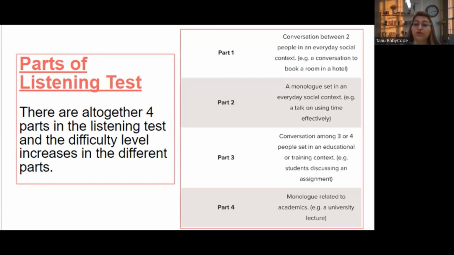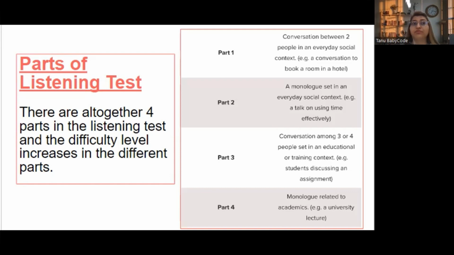You are just calling the person and taking details about a room, what kind of room they have, any kind of amenities you're looking for, your timings, and your details. Part 2 will be a monologue. Monologue means a single person talking, giving a talk or a speech. And the context is again social. For example, a talk on using time effectively.